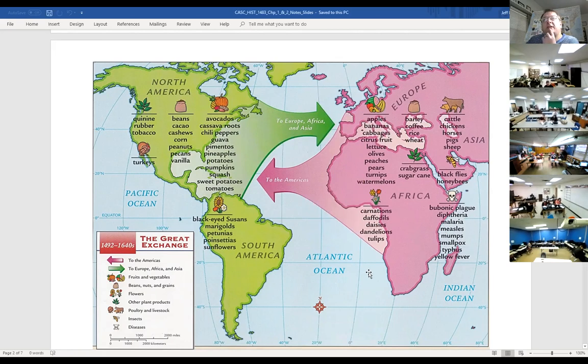So any question on the Columbian or the Great Exchange? There will be a question on the test about this. You will not have to list all of these, but probably 3 to 5 of the plants and animals and a few of the diseases.